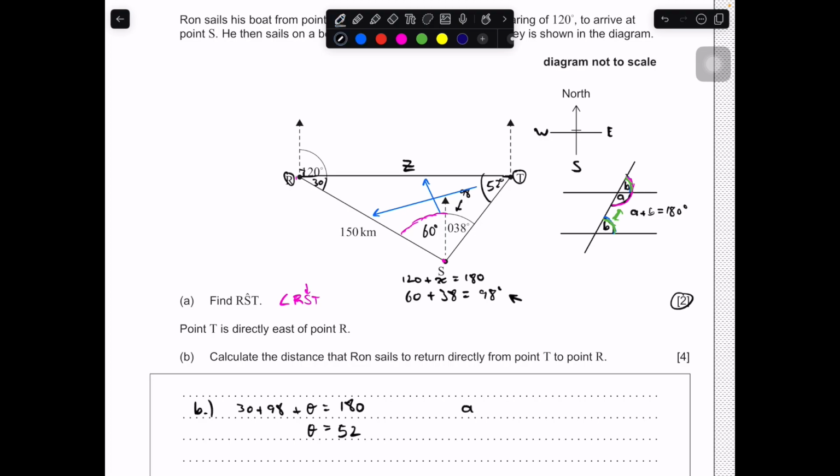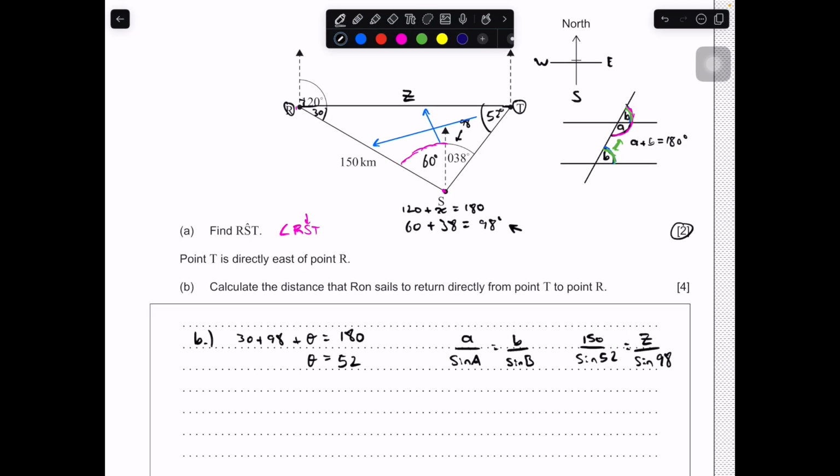Once again, our sine rule, a over sine A is equal to b over sine B. So let's write that in. We have 150 over sine 52 is equal to z, we don't know what it is, z over sine 98.